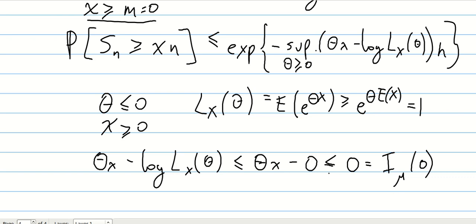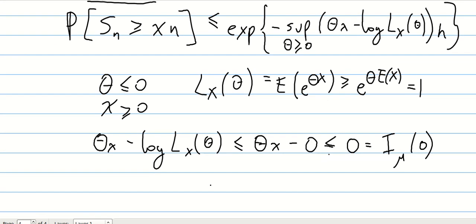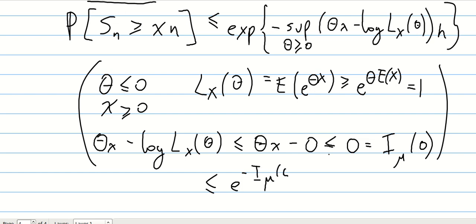So we are not getting any advantage by changing this to supremum over theta. So after this observation, we see that this is smaller or equal than e to the minus the rate function at x times n, as desired.